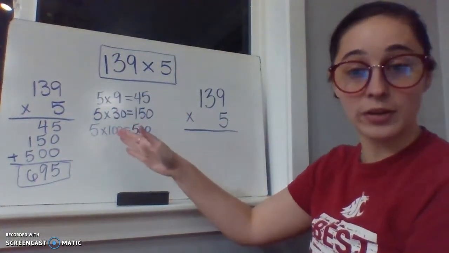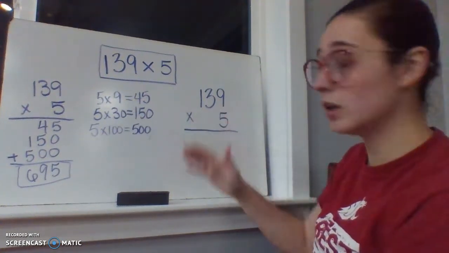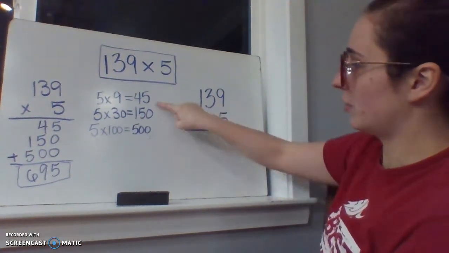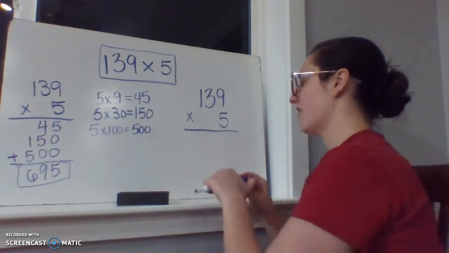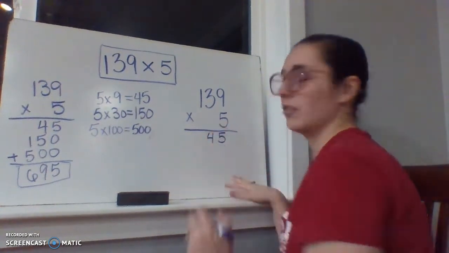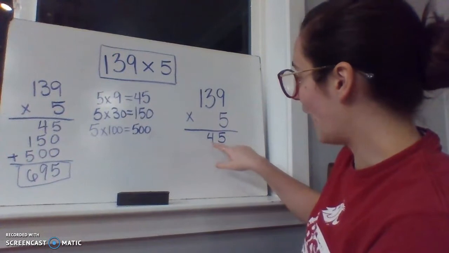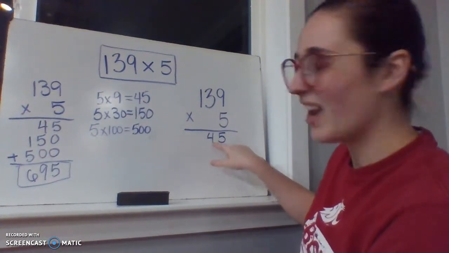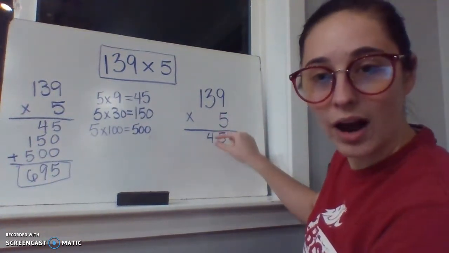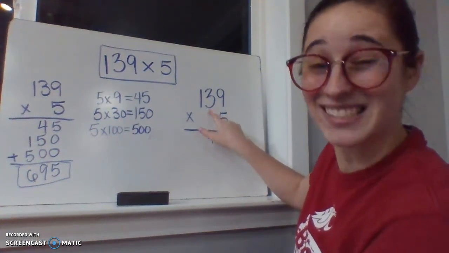So like in the expanded version, we're still going to start from right to left and work our way over. So I'm still going to do 9 times 5, which if you remember from the first one, that was 45. But I can't simply just write 45 here. And the reason why is because if I have the 40 there, it's not taking into account what else can go there when I multiply the 5 and the 3 that's in the tens place.